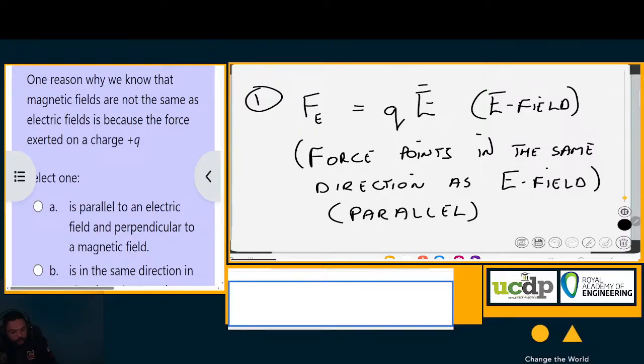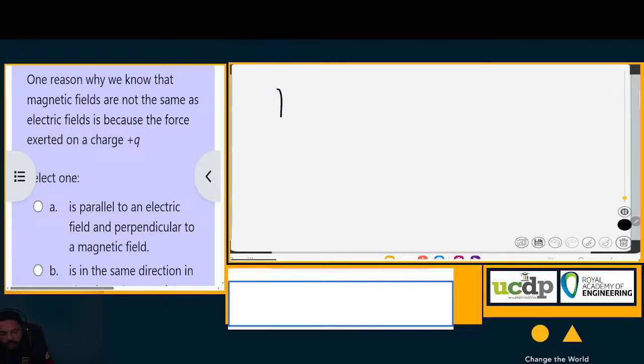What do we know about the magnetic force on a positive charge? The magnetic force on the positive charge is equal to the charge multiplied by its velocity crossed with the magnetic field. This is the velocity, that's the magnetic field.